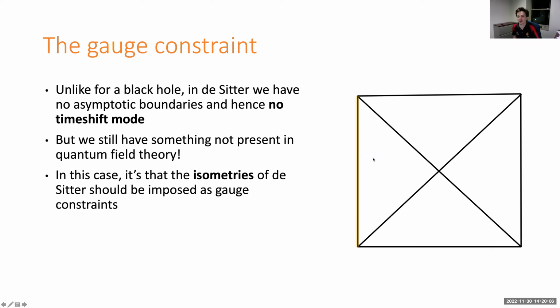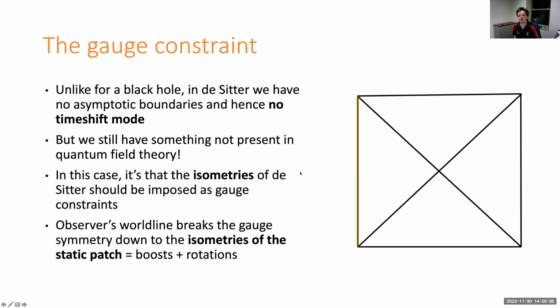Because we're going to a limit where we're considering perturbations in a fixed background, a lot of that full diffeomorphism invariance gets broken explicitly by the background. But there are still some remaining symmetries, which are the isometries of the space we're interested in. So de Sitter space has some isometry group, and those isometries should be treated as gauge constraints rather than physical symmetries, which they would be for, say, QFT in de Sitter space.